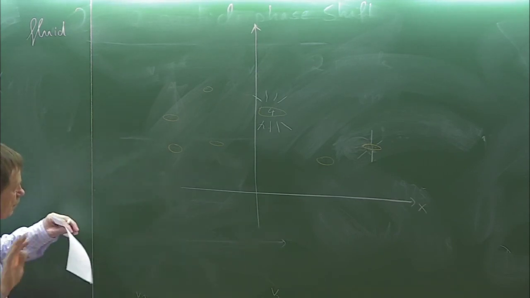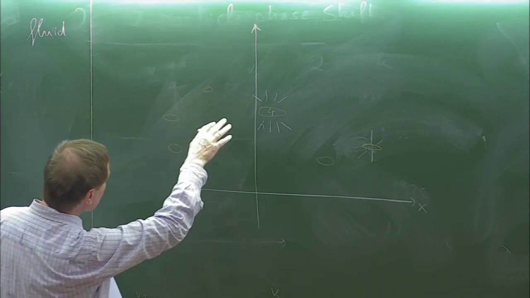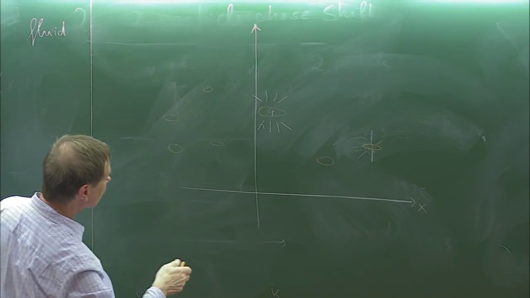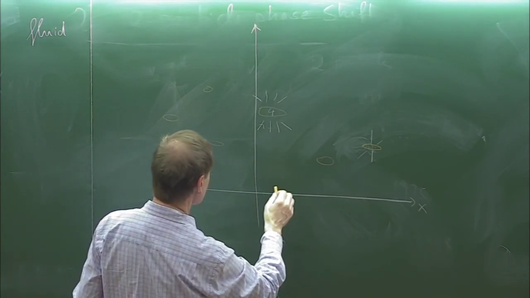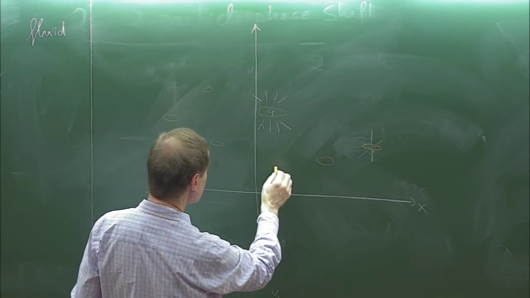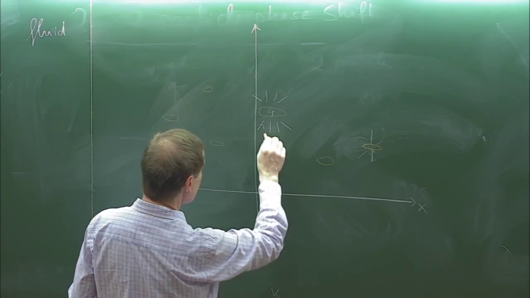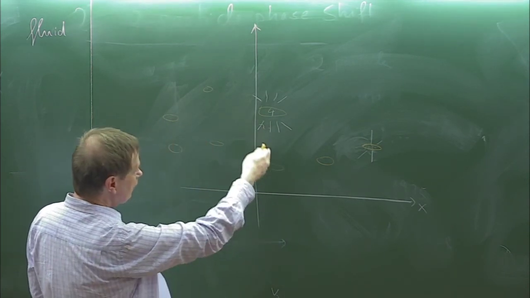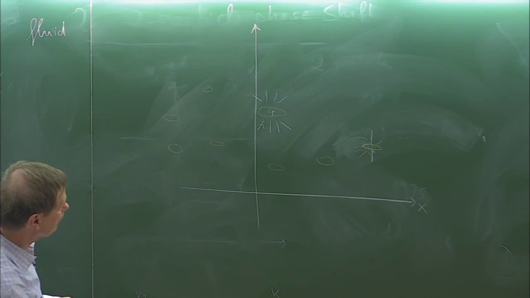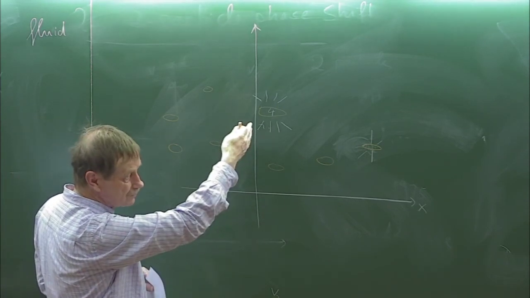The assertion is that it should be true at any density, but let's imagine for the moment that it's not too high density. I have this interaction region. And in between these interaction regions, the particles are moving essentially along a straight line, but they have picked up their phase shift, okay?